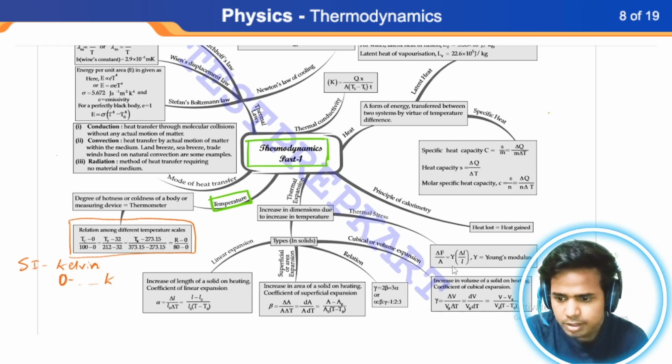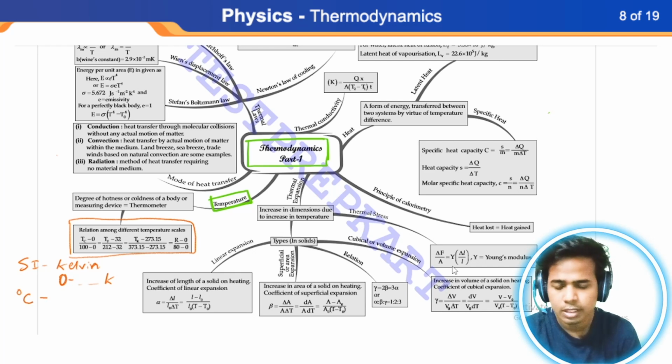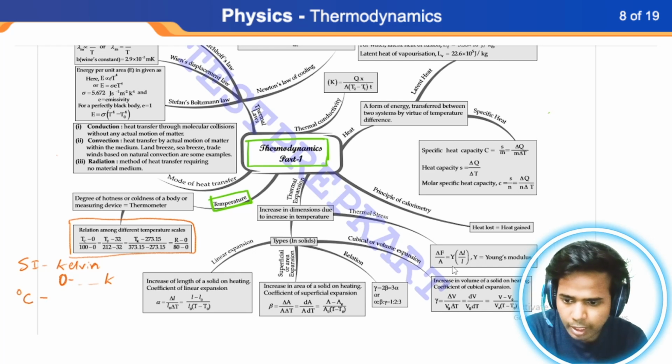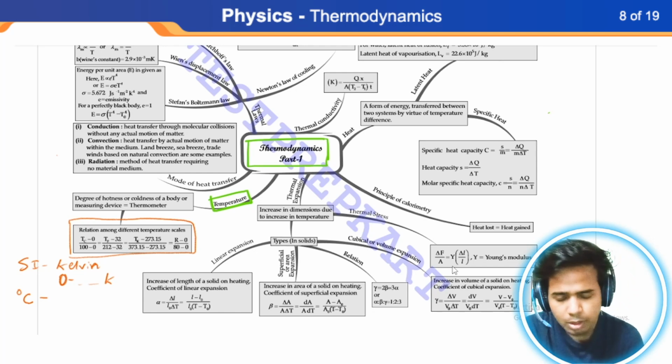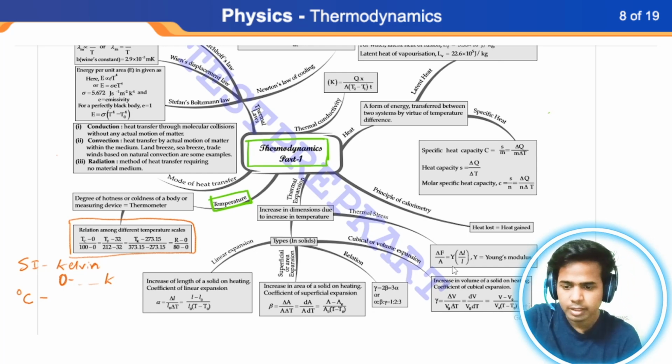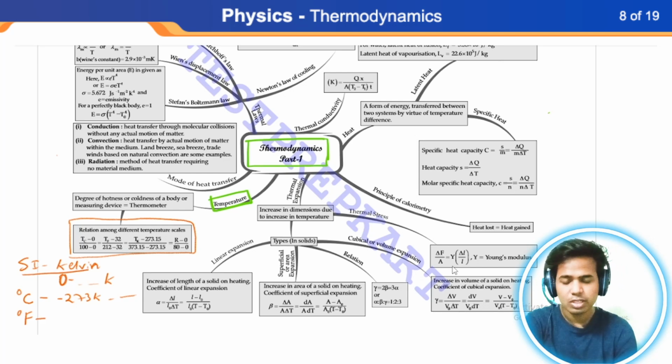And there is another very popular unit of temperature, that is degree Celsius, and the least temperature that the body can have is minus 273 degrees Celsius, and to a maximum of whatever temperature. And there's another temperature unit, which is called Fahrenheit.